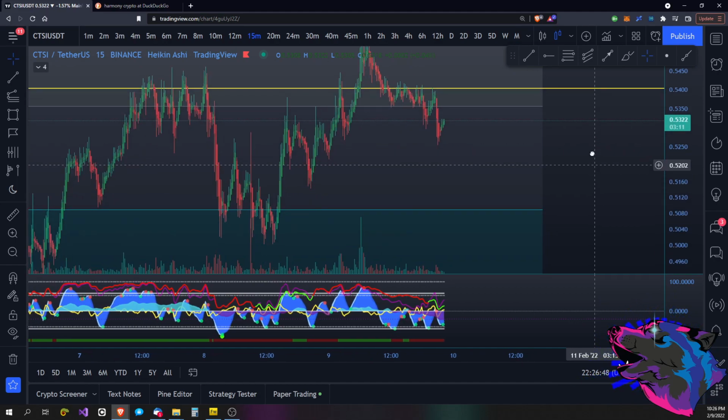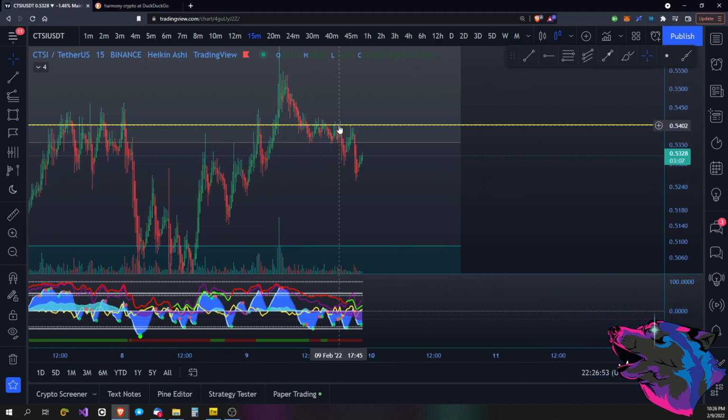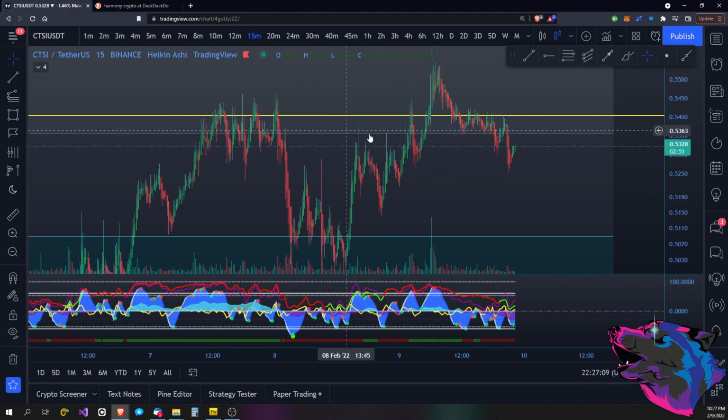Zooming out a little bit. These little impulse waves, if you will, definitely been elongating, stretching out. So it'd be nice to see this one get at least above here, above this fib level, which obviously we have a decent amount of resistance right there.